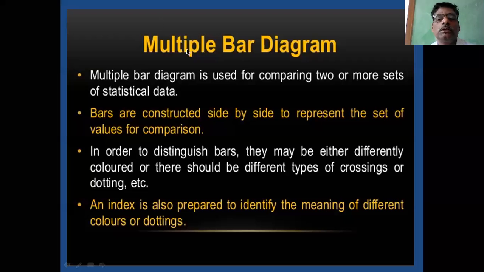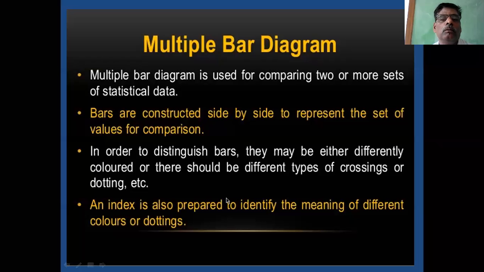Okay, in the previous class, I was explaining multiple bar diagrams. A multiple bar diagram is a diagram used to compare two or more sets of statistical data. If two or more sets of data are given for comparison purposes, then we take the help of multiple bar diagrams.